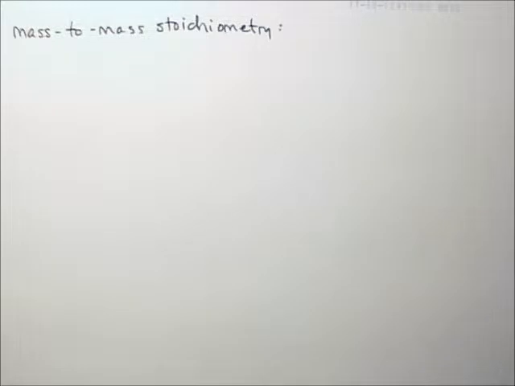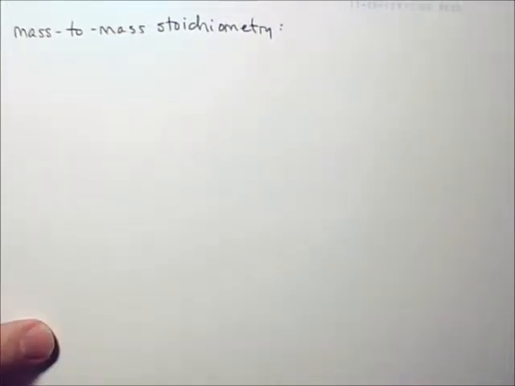So there's a lot of steps to this, but the main steps are you get from the mass of the first chemical to moles. The moles of the first chemical to moles of the second chemical, and finally moles of the second chemical to the mass of the second chemical. So it's basically a three-step process with a lot of other stuff that gives you the information you need for those three steps.